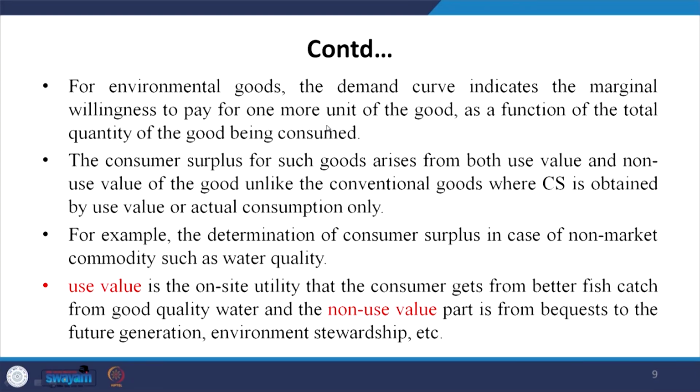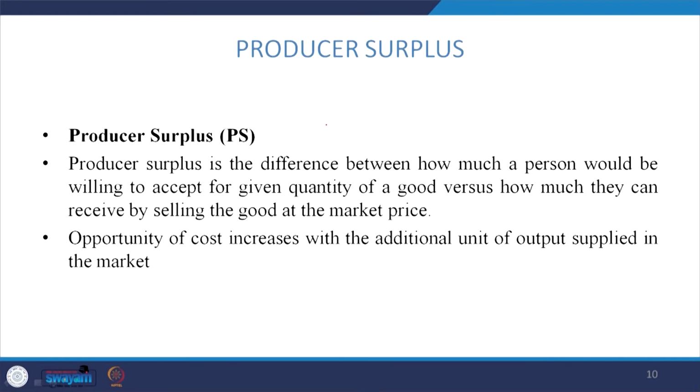Now, let me explain what is producer's surplus. Producer surplus is the difference between how much a person would be willing to accept for a given quantity of a good versus how much they can receive by selling the goods in the market.